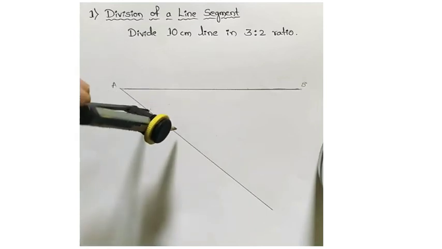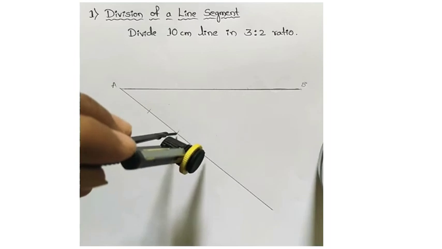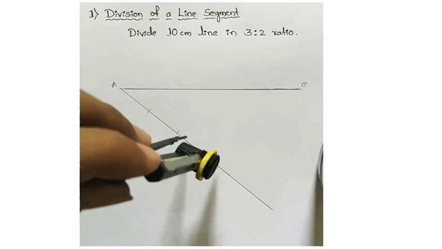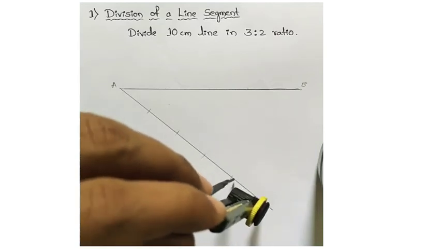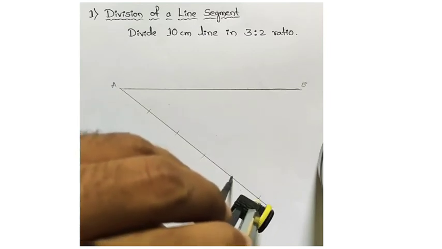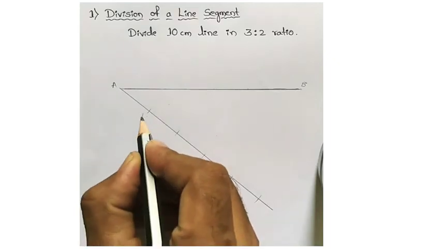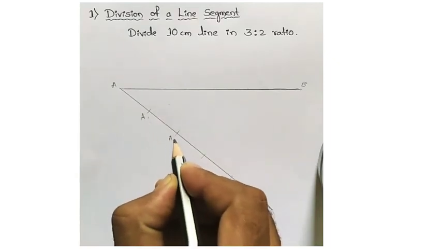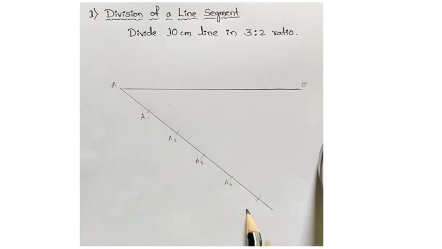1, 2, 3, 4, it will be 5. Okay. So name them A1, A2, A3, A4, A5.